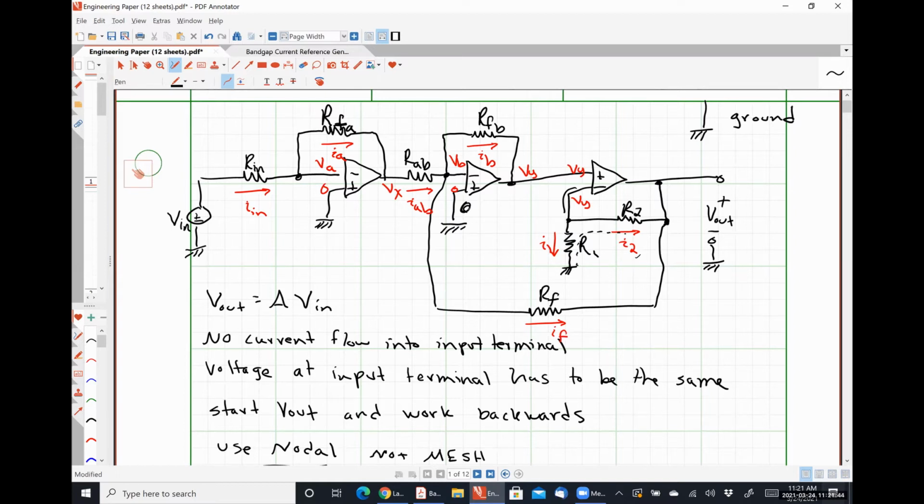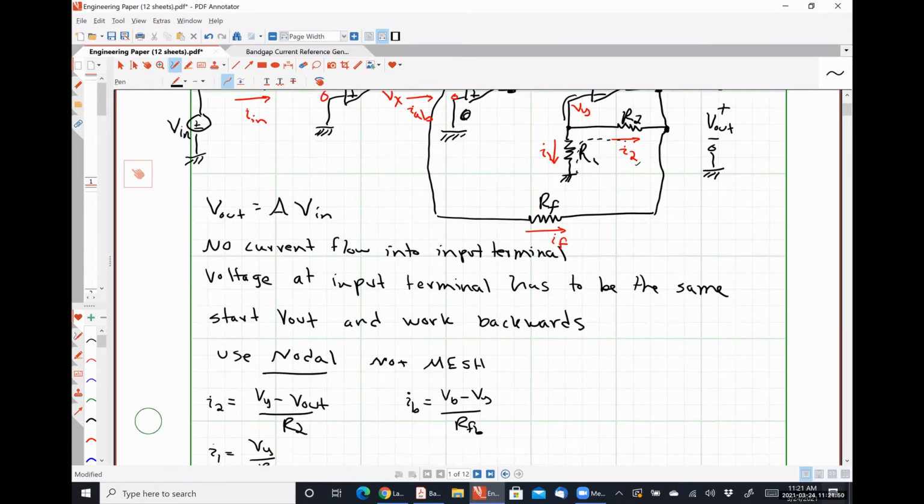And so since the voltages have to be the same at each leg, that means that VB has to be 0. And so that kind of simplifies this equation a little bit. So we can say this is 0. And so all of this equals negative VY over RFB.